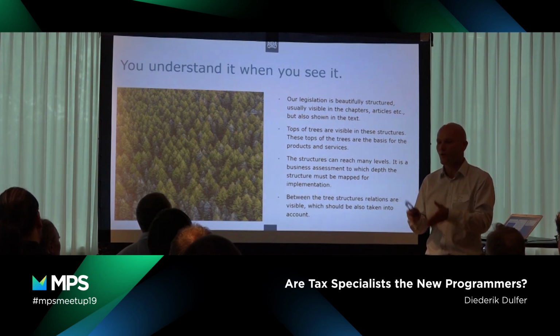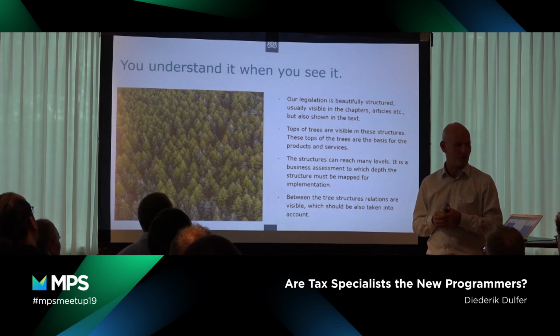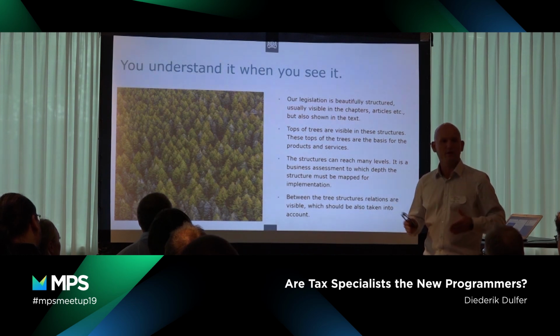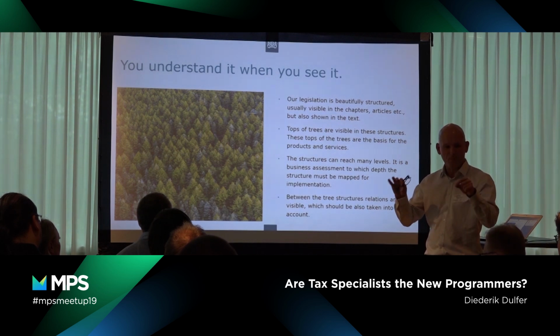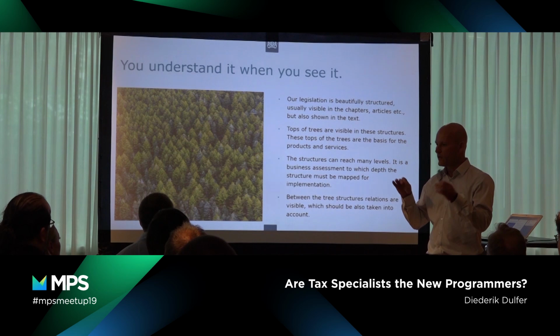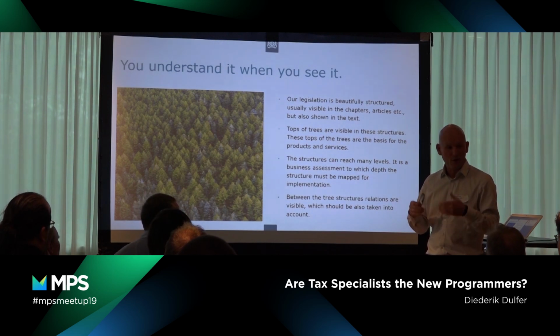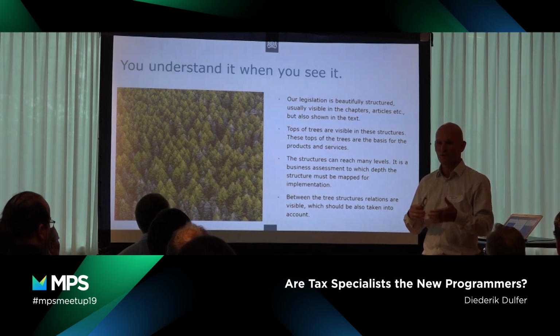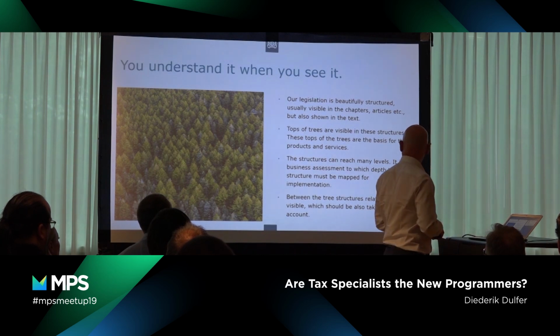But you also see other tree structures in it, because this text very precisely addresses a certain goal, and all words are directed towards that goal. And at the top of those trees, you clearly identify the goals and the rights and duties that citizens can mostly derive from this text.